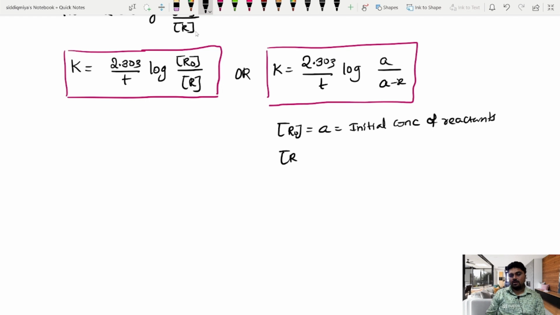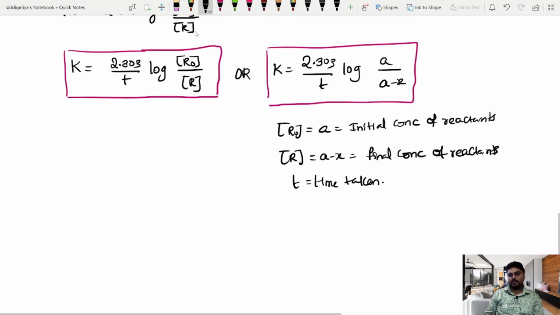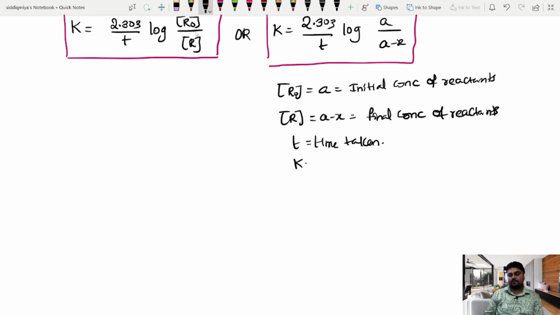R, nothing but a minus x, both are the same, is equal to the final concentration of reactants. Here t means time taken, and k is the first order rate constant.